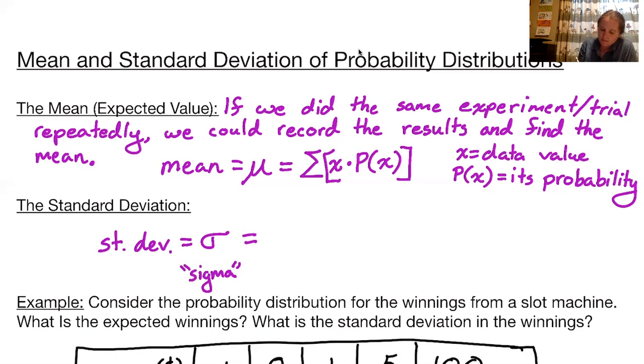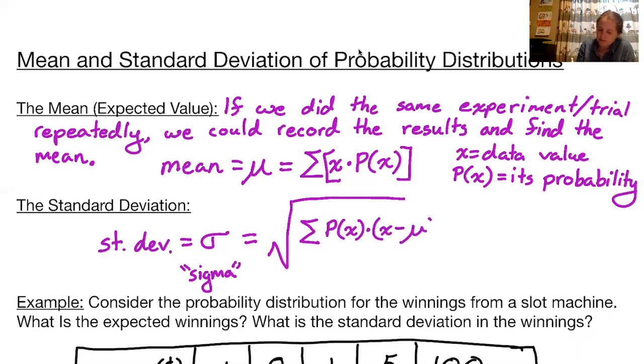And to do this, we have a massive formula. We will take the square root of the sum of P of X times X minus the mean, squared, for each data value.